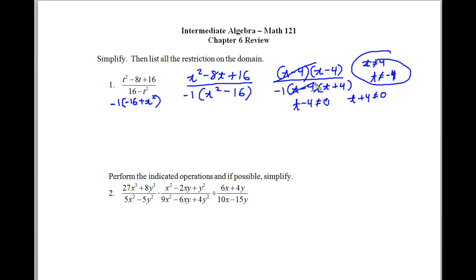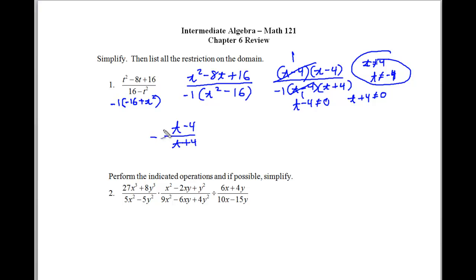I don't like you using the word cancel, but these would simplify to make 1 over 1. So here's what we have left. We have t minus 4 over t plus 4. Now you'll notice that the -1 is here in the denominator. It technically needs to go somewhere. So you can put it in parentheses in front of the denominator, in parentheses in front of the numerator, or you can put a negative in front of the problem.